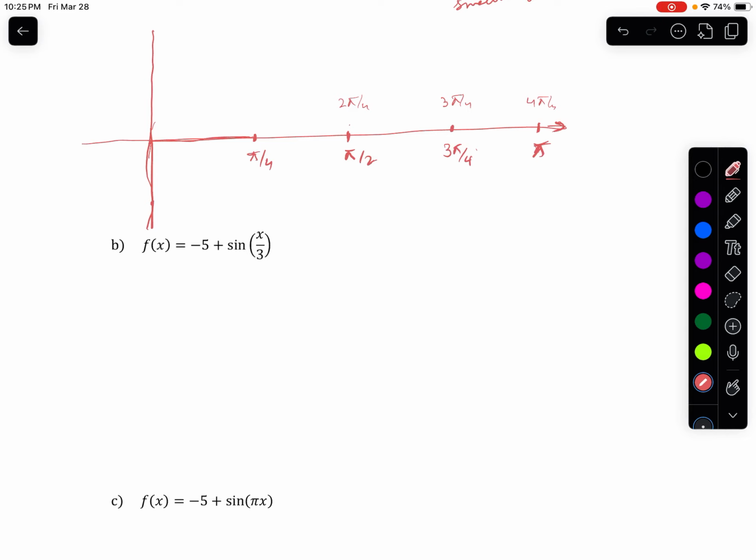Or you can use the midpoint formula: between pi over 2 and pi, you have pi over 2 plus pi, whole divided by 2. This gives me 3 pi over 2 divided by 2, which gives me 3 pi over 4.